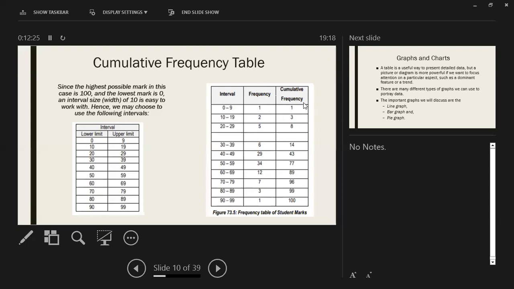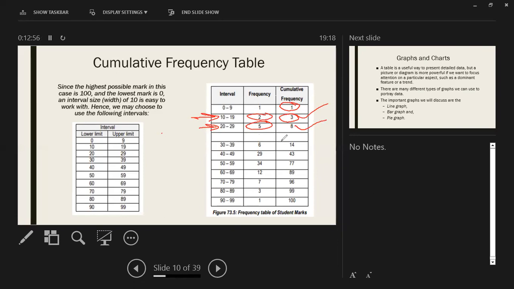So in this case, if we want to find the cumulative frequency for this class, it is the cumulative frequency of the previous class plus the frequency of that class, which gives us 3. And then here, if you want to find the cumulative frequency for this class, it's the cumulative frequency of the previous class plus the frequency of this class to give us this.